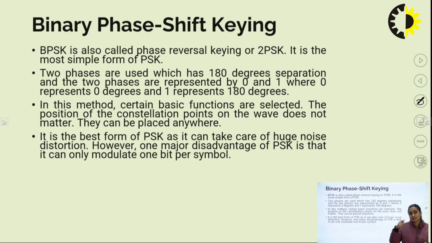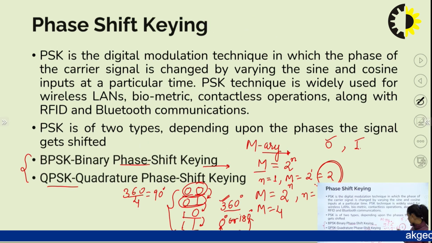So that increases the complexity of my receiver. However, the information carrying capacity increases by increasing the value of n, right? When I increase the value of n from 1 to 2 to 3, the number of bits per phase variation will increase. I hope I made the point clear.